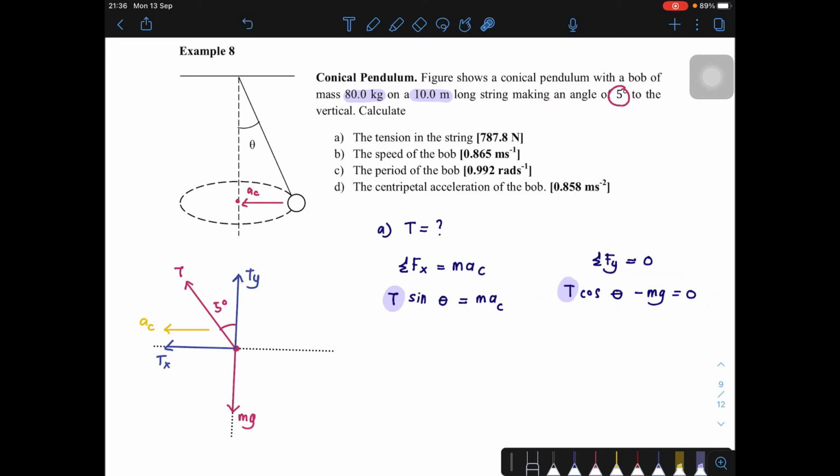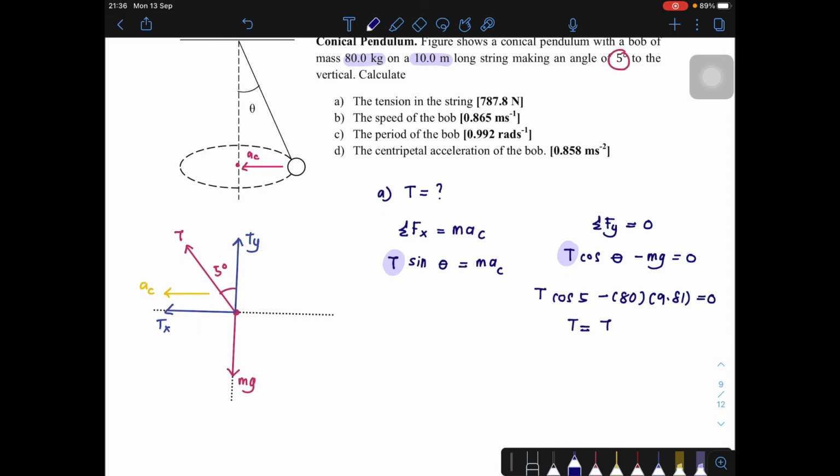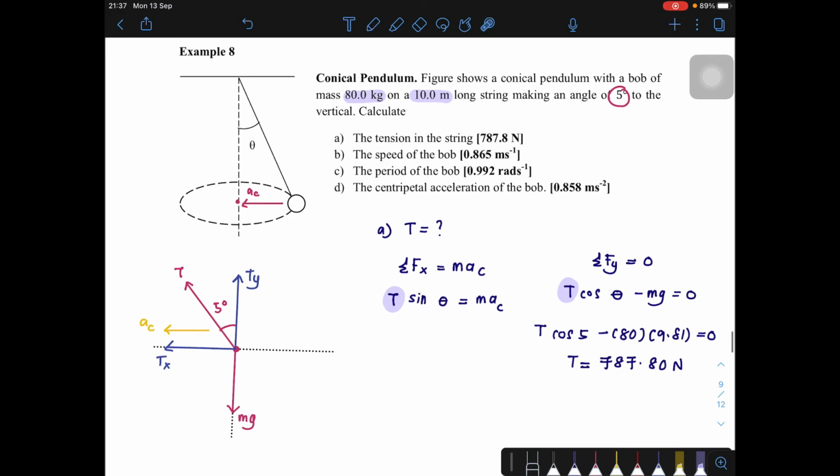Okay, kita gunakan Y component lah. So we use Y component di mana T cos 5 minus mg. So kita akan dapat the tension is equal to 787.80 Newton. Okay. So this is the value for T here.